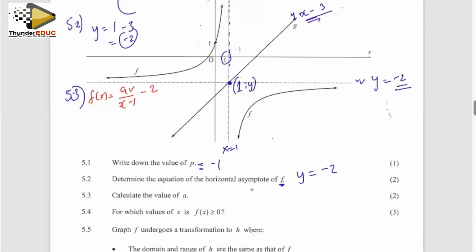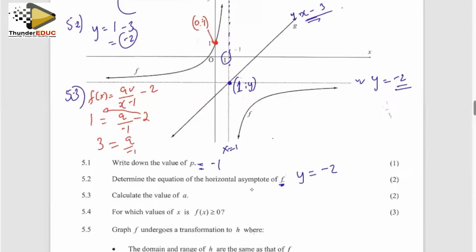The easiest one is to use 0 and 1. At this point, x is 0, y is 1. So I'm going to say 1 is equal to a over 0 minus 1, minus 2. I need to move this minus 2 to that side. It's going to be a plus 3 is equal to a over negative 1.